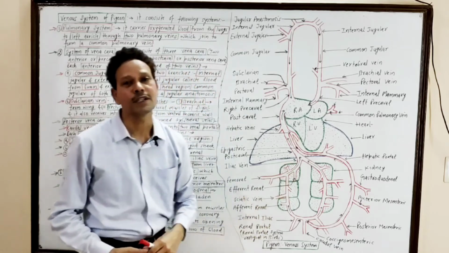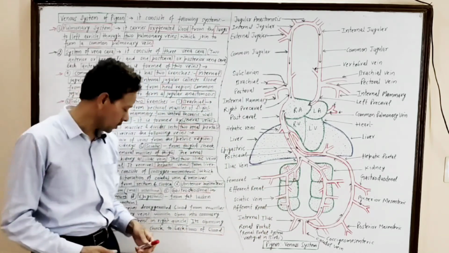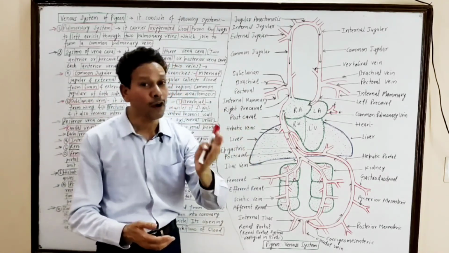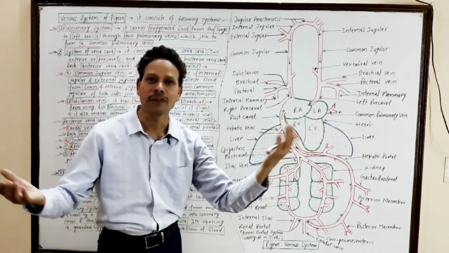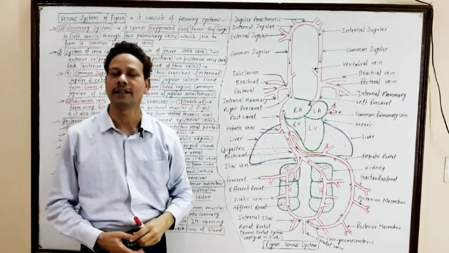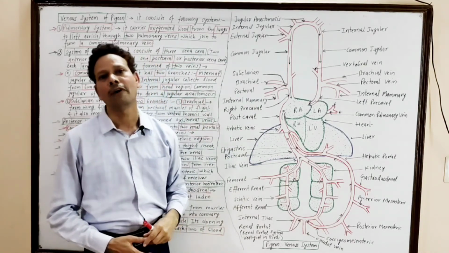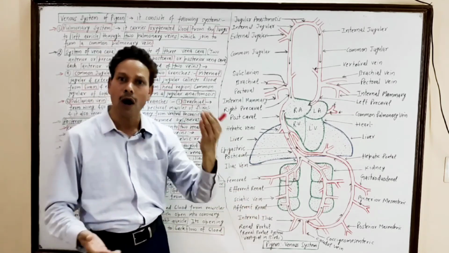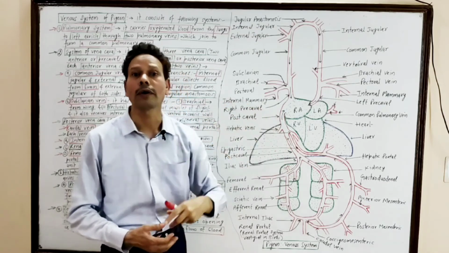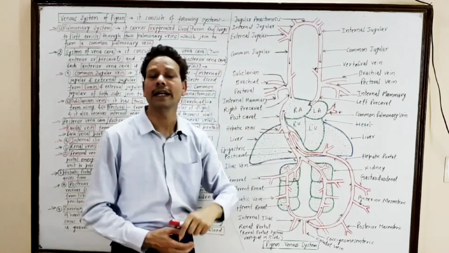Then the fourth system in this venous system, that is the coronary system. Dear students, in this coronary system, deoxygenated blood from the muscles of heart is received by a few fine coronary veins, and all coronary veins unite to produce a large coronary sinus, and that coronary sinus opens here in this right atrium.